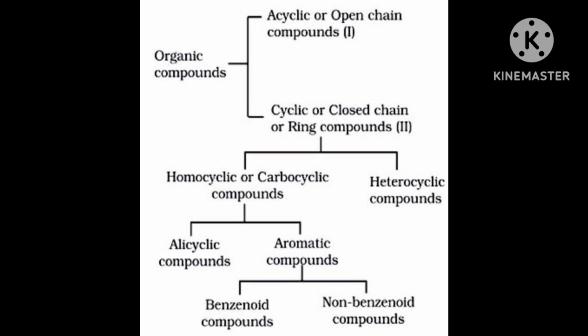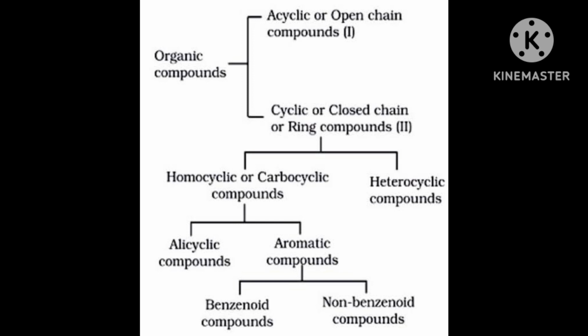CH3CHO. The CHO group is the aldehyde group. If CH3 is attached, then it is called acetaldehyde. And if in the place of CH3, H hydrogen comes, then that is called formaldehyde.